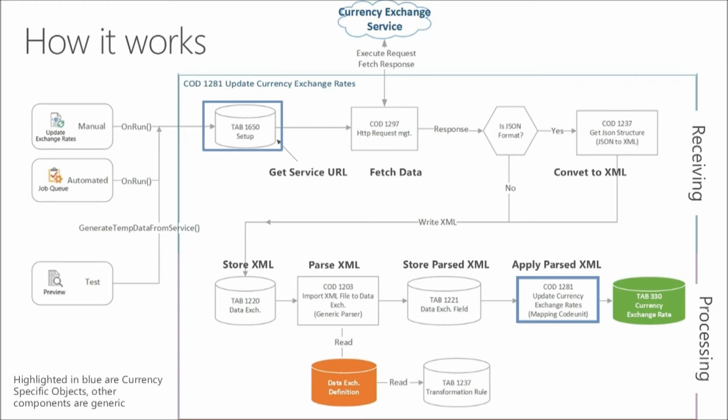The preview needs to run on the temporary table, and we also needed to provide some defaulting logic between the fields. Otherwise, there are also generic functions that you could use for your flows, so it's not necessary to implement this one. The boxes highlighted in blue in the image are the boxes that we have added specifically for the currency exchange rates, and everything else is highly generic. So you can see that only the beginning and the end are currency exchange specific.